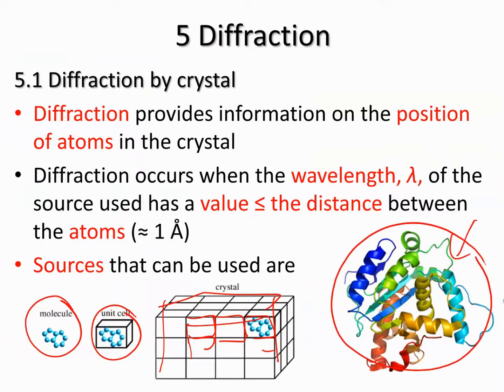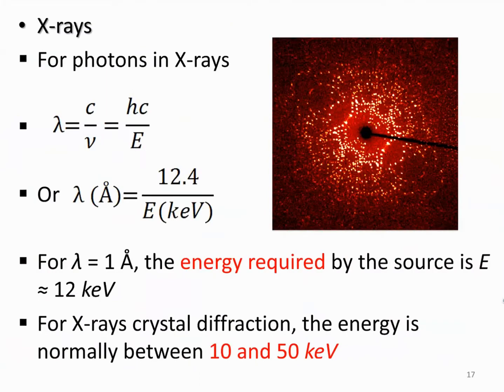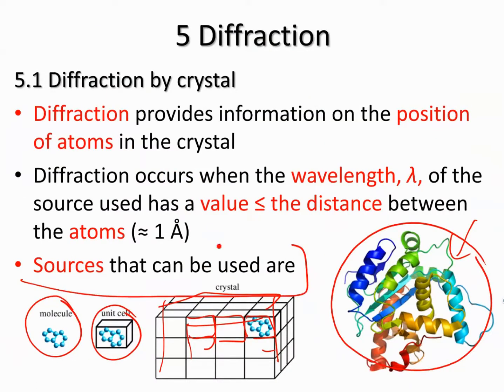If you are interested to know the structure of the protein, DNA, and so on, you can go online and just type protein crystal structure. Then you will see a lot of structures, and the number of atoms inside one unit cell is extremely many.